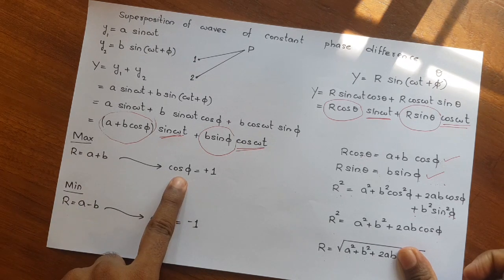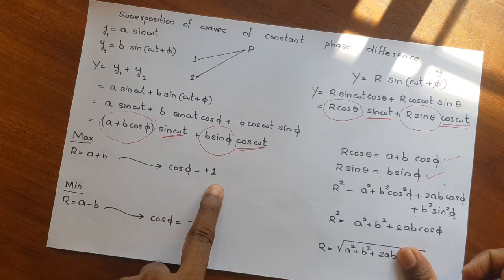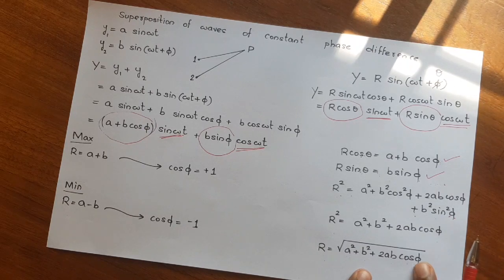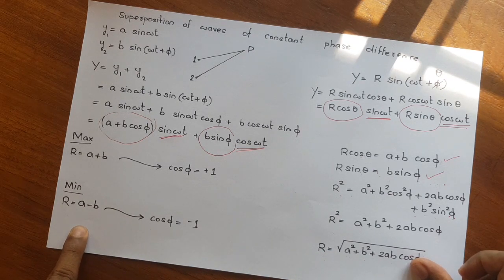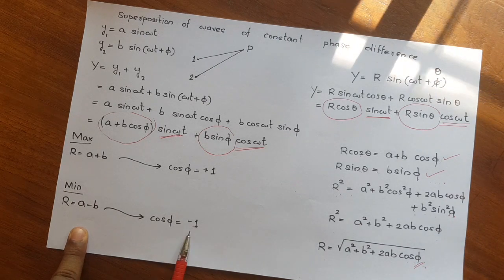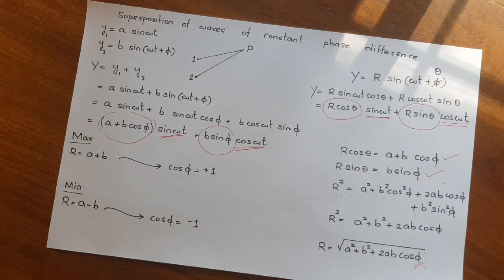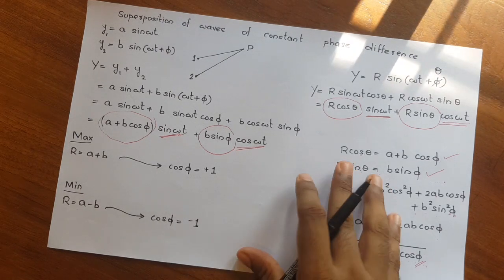And when do we get that? When cos phi equal to 1. And when cos phi equal to minus 1 into this term, that becomes the expansion of a minus b the whole square. So root of a minus b the whole square becomes a minus b. And that happens when cos phi becomes minus 1. So these are the major conditions which we need to understand from this discussion.